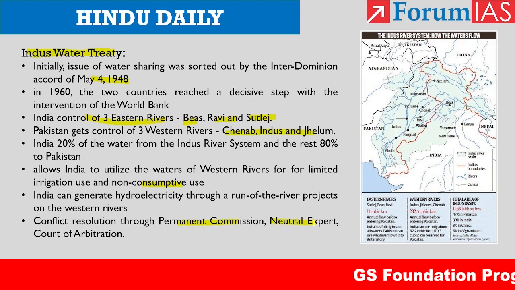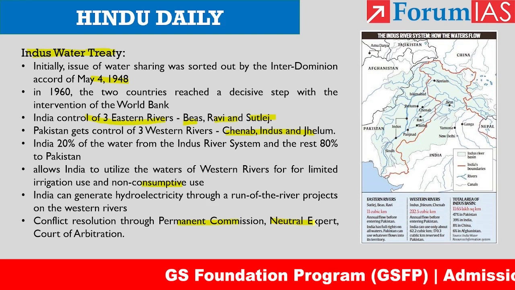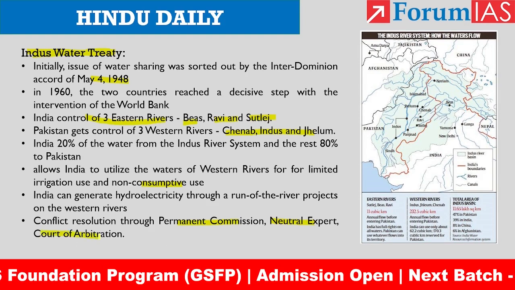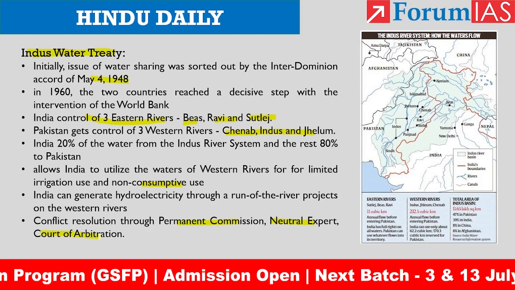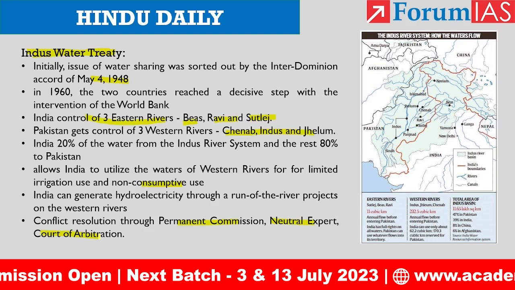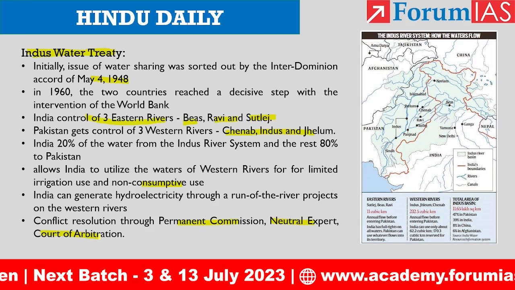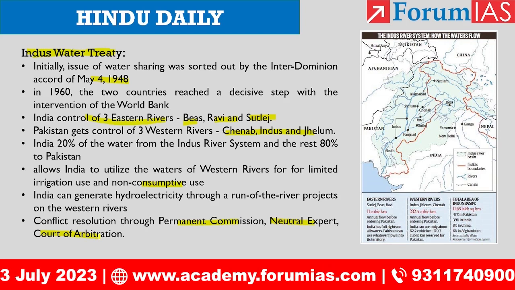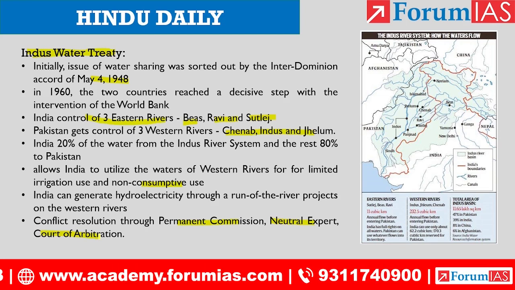And eventually, if either party is not satisfied with this neutral expert, then matter can be referred to a court of arbitration. So, Pakistan has raised disputes on almost all of India's projects on the western rivers. These include Baglihar Dam on Chenab, Kishanganga Dam on Kishanganga River, Tulbul project on Jhelum River, etc.